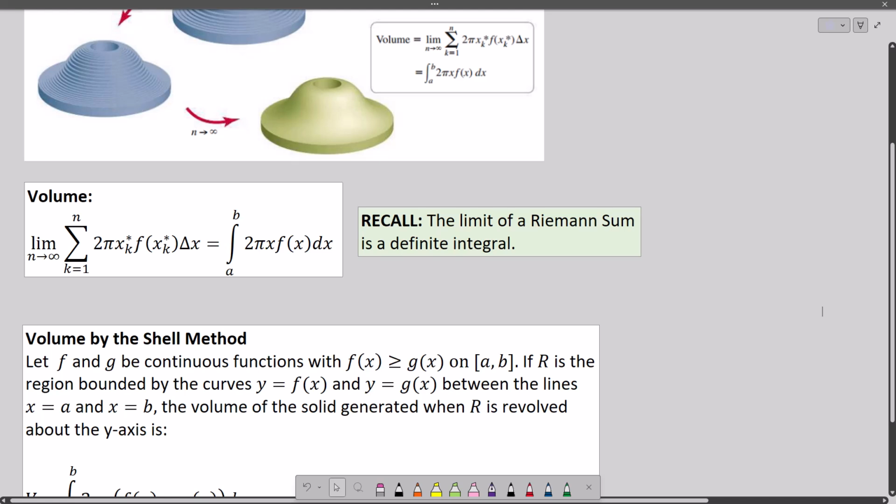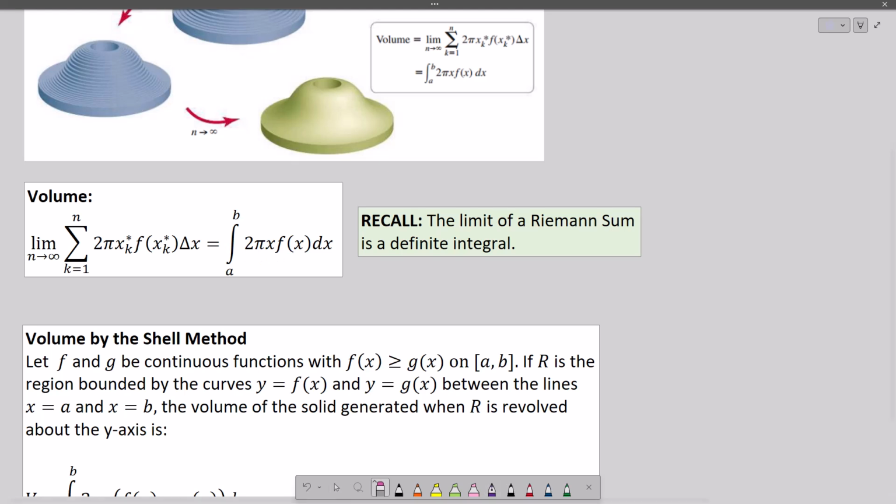So right here, this, without the f, so 2 pi r. In this case, the radius is x. We'll talk about why that is. So this is the circumference of the base. This is the height right there. The function is going to give us height. We'll talk about why. So this whole piece in here is the area of a cylinder, the area of a straw.